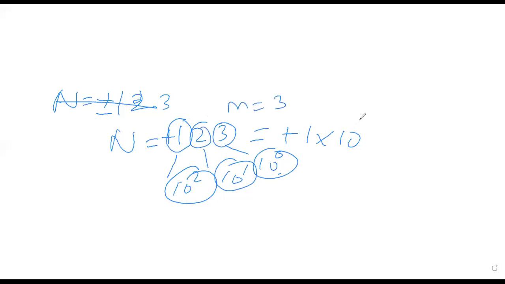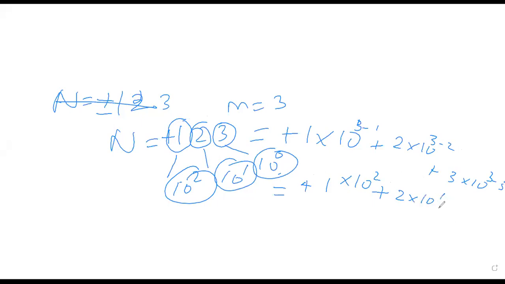So we have here n minus 1: 3 minus 1, plus 2 times 10 to the power 3 minus 2, plus 3 times 10 to the power 3 minus 3. So 1 times 10 to the power 3 minus 1 will be 10 squared, plus 2 times 10 to the power 3 minus 2 will be 10 to the power 1, plus 3 times 10 to the power 0. We know any number to the power 0 will be 1.